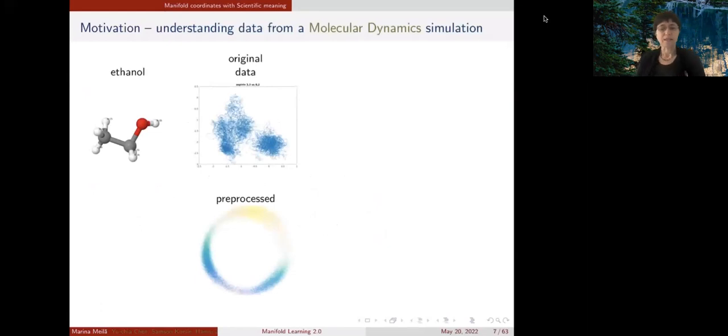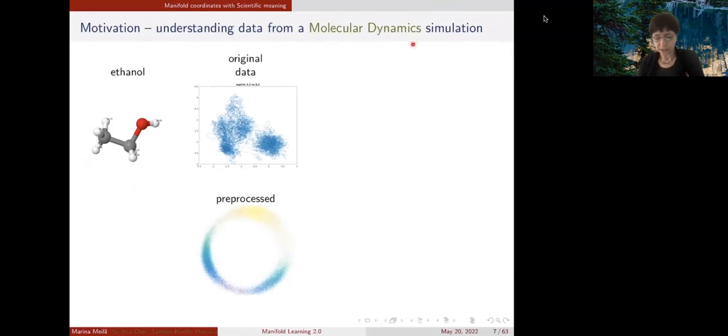So, as I said, in the first part, we want to interpret the output of manifold learning, the manifold that was learned from data, in terms of the science that underlies this data. And here is an example. In the study of molecules, one does very expensive and very rich, very detailed simulation of the configuration space of molecules.